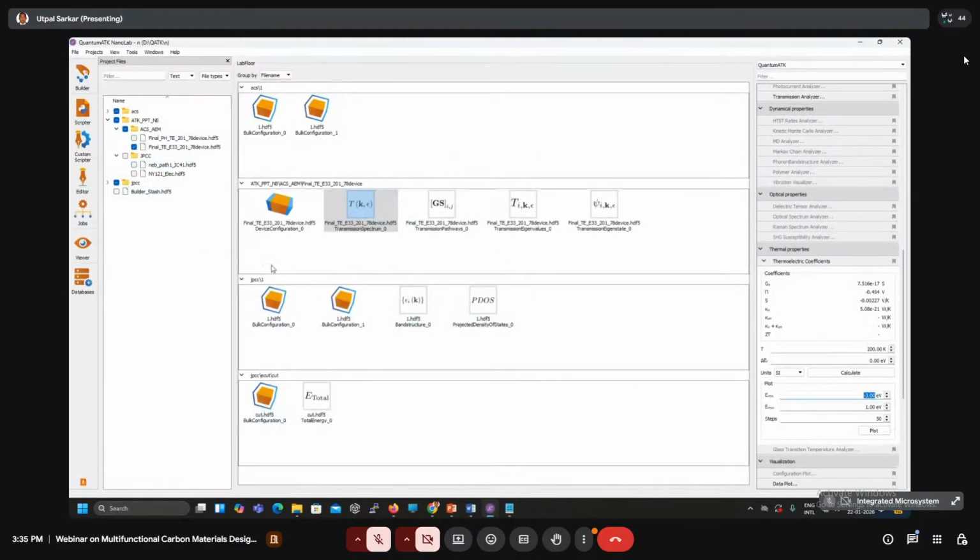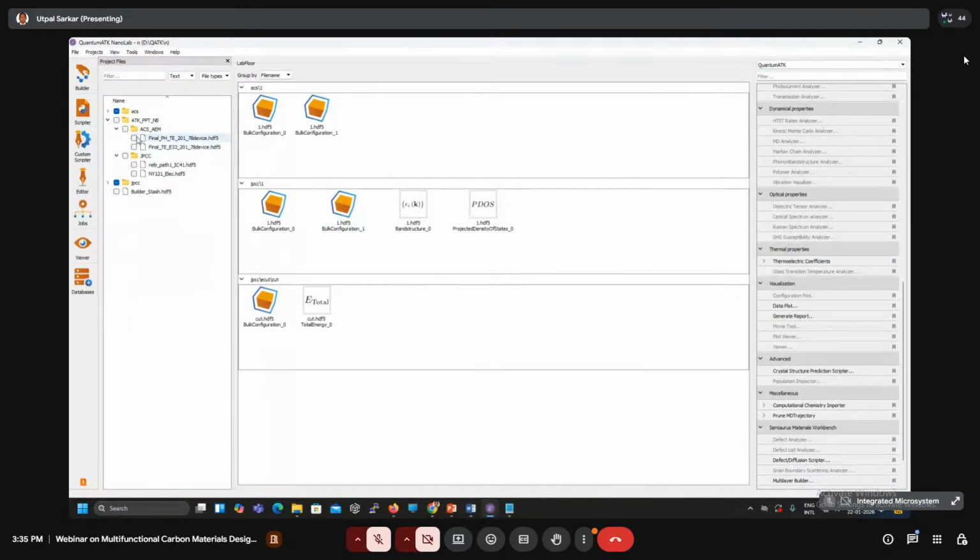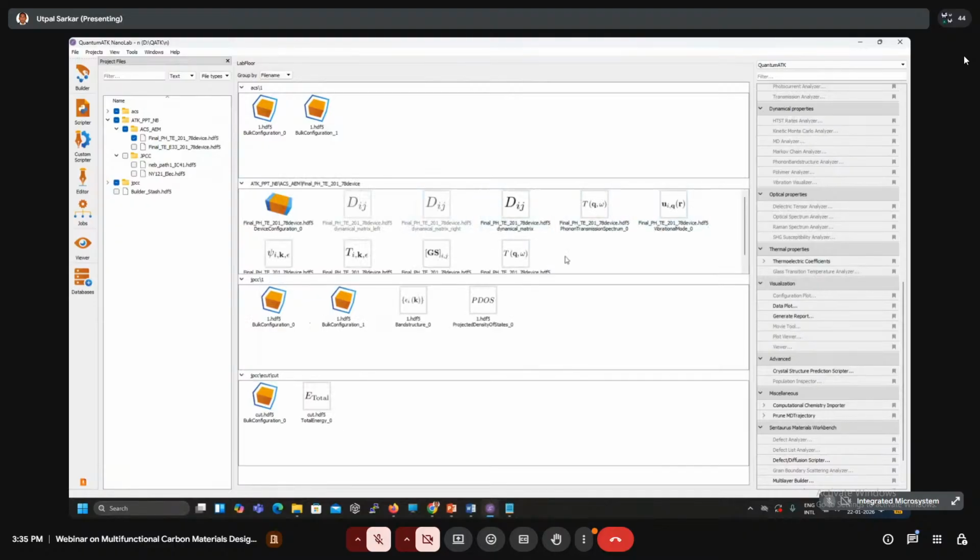So for the phononic part, we have to make the input for transmission due to phonons.